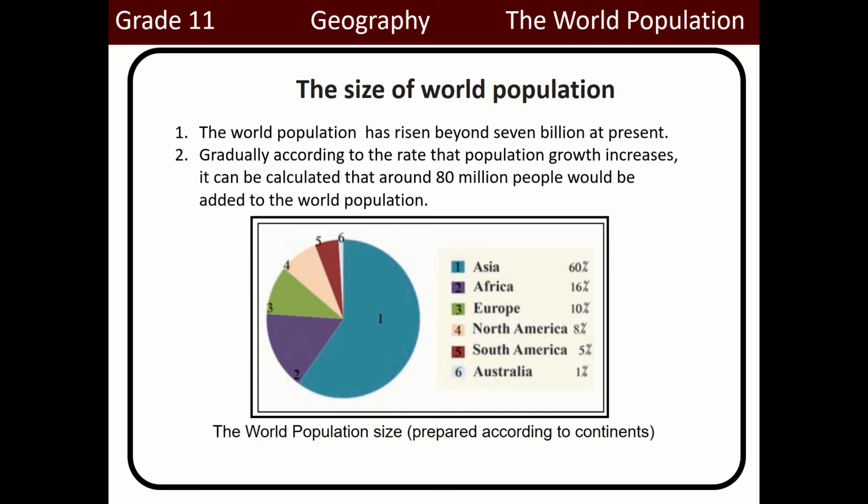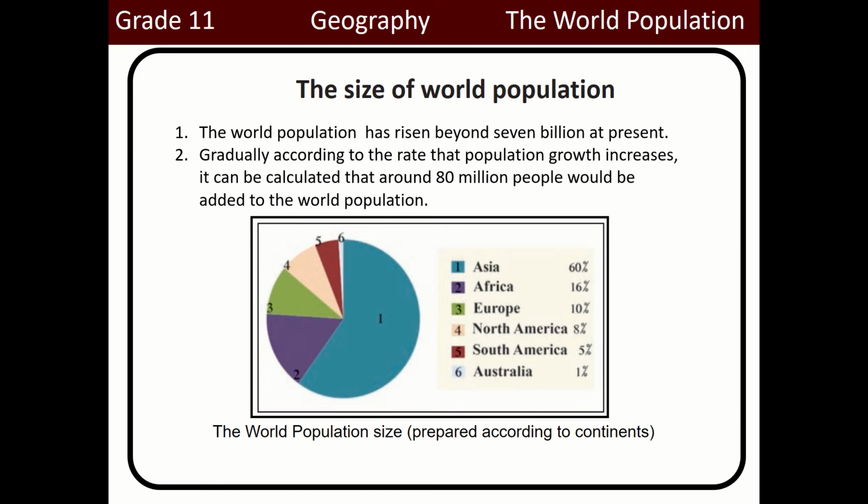Dear children, look at this chart. It shows the world population according to continents. According to this chart, Asia has the largest population, while the continent of Africa is in second place, Europe in third, North America in fourth, South America in fifth, and Australia in the sixth position.